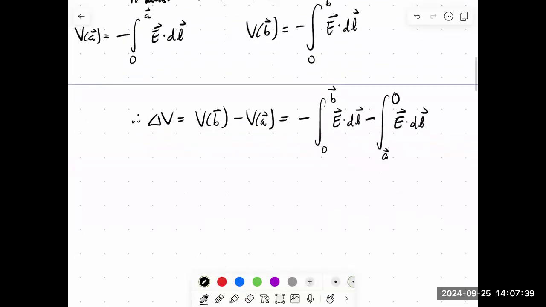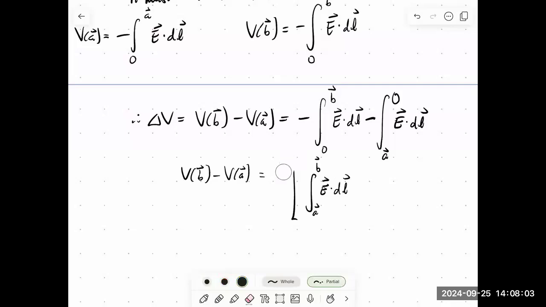All right, good. So that means V at B minus V at A is equal to minus, I'll factor that minus sign out now, the integral of E dot dl from A to B. In fact, I don't even need this bracket. So now I can combine those two integrals.